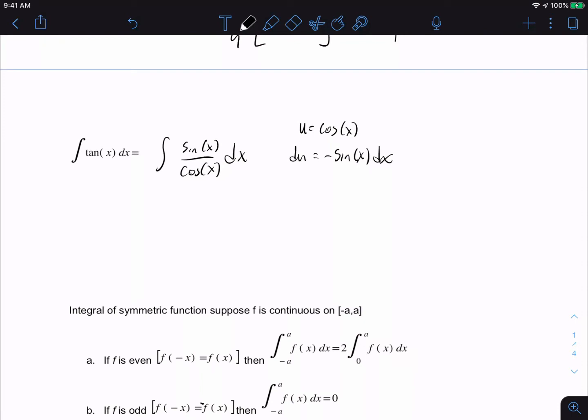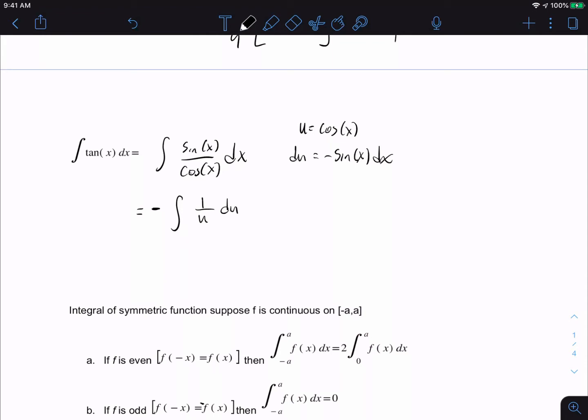And so we can see that that's going to give us sine dx, but it's got a negative, so that means I'm going to get negative integral of 1 over u du, because we need the negative piece because of the negative, and then the sine dx becomes du.